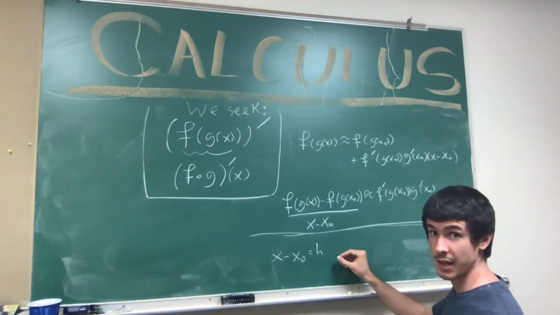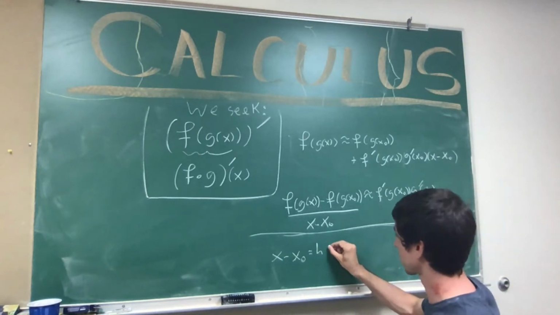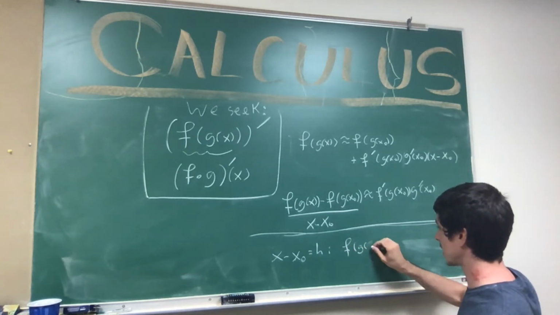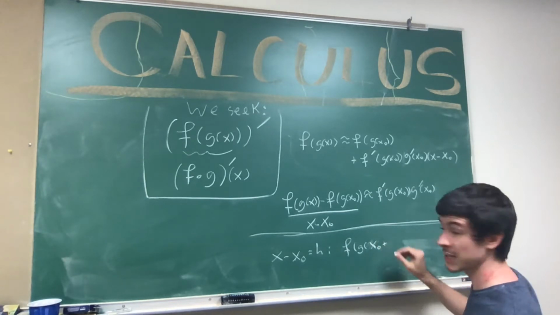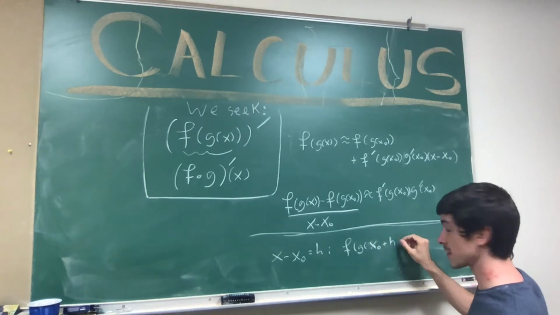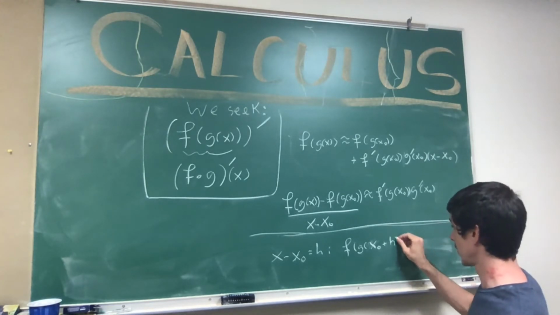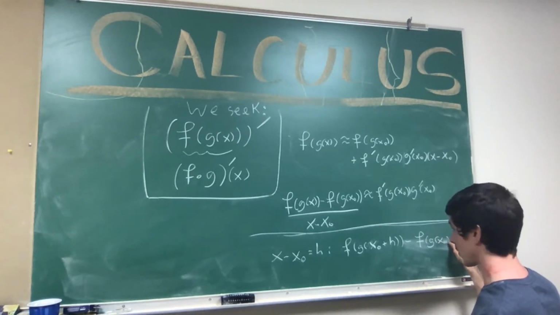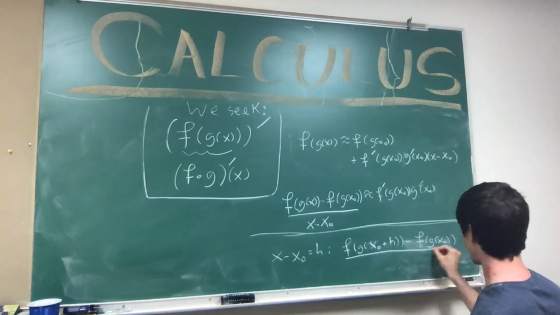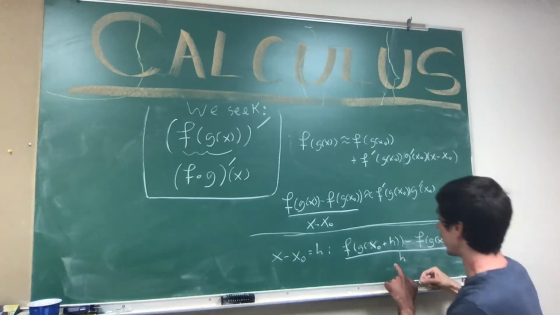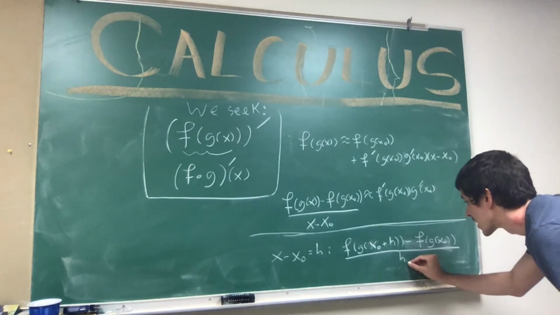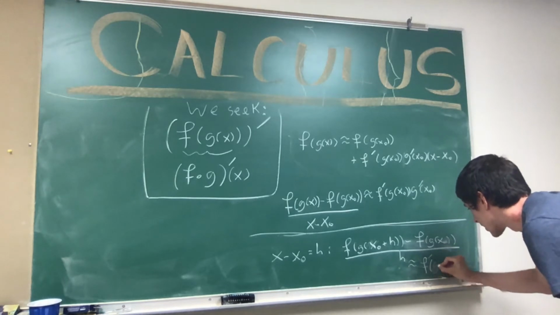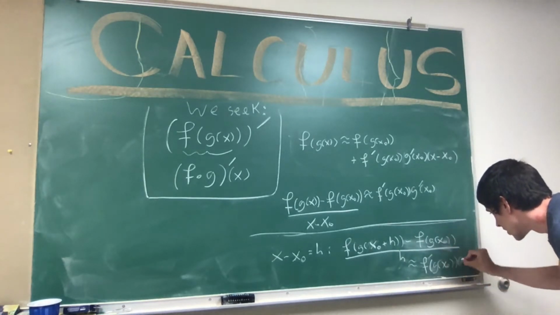And then we could rewrite this as f of g of x0 plus h, because if x minus x0 equals h, then x equals x0 plus h, minus f of g of x0, over h, is approximately equal to f prime of g of x0 times g prime of x0.